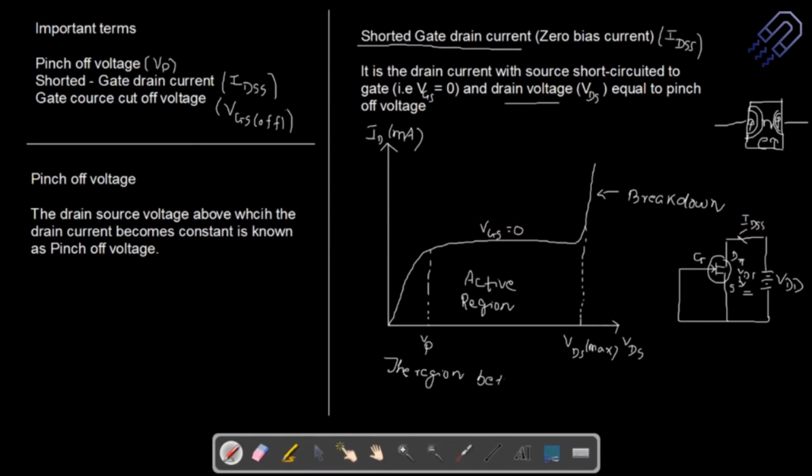The region between Vp and VDS max is basically called the constant current region, or the active region. I think this is quite obvious because the current is not changing here.